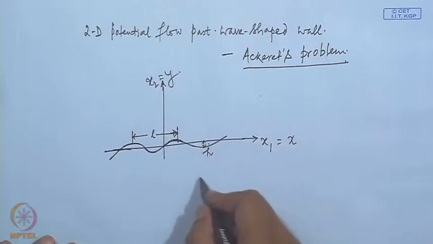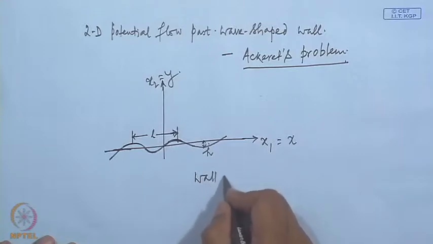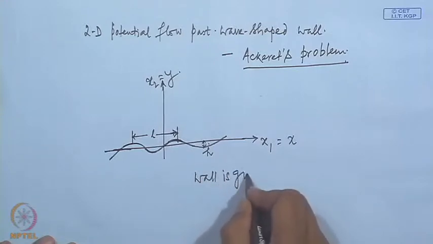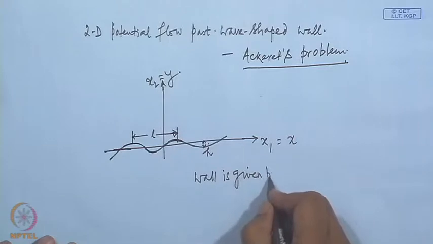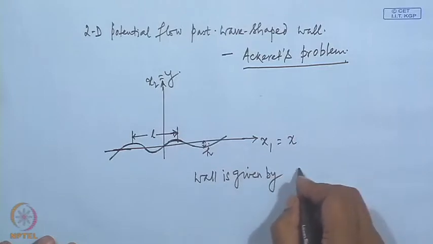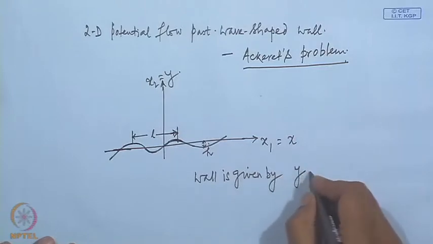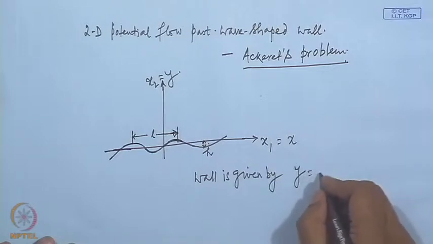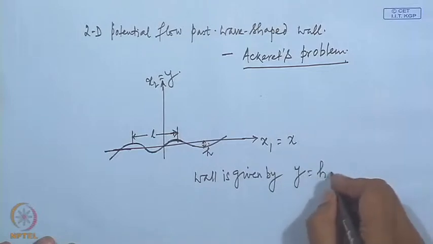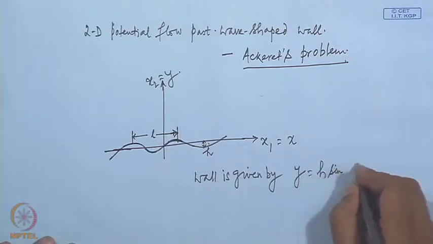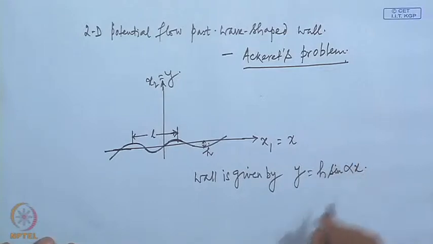So, the wall is given by y equal to h sin alpha x, where h is the amplitude and alpha is the wave number.